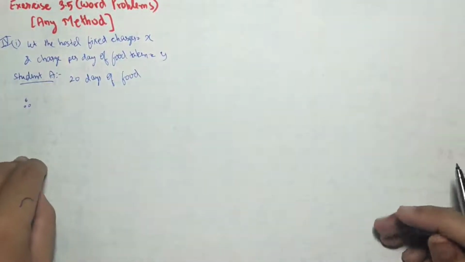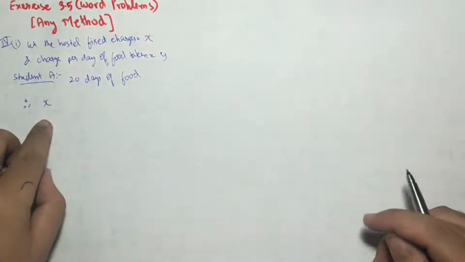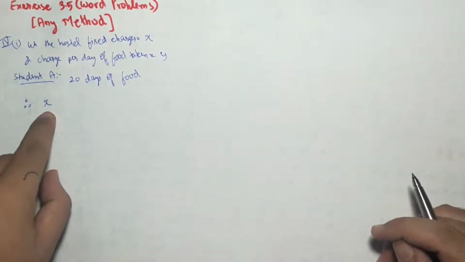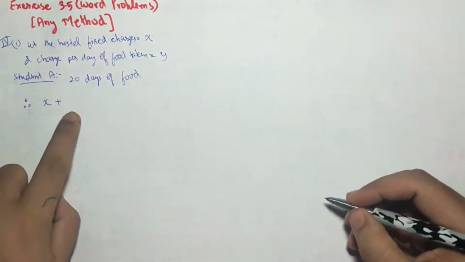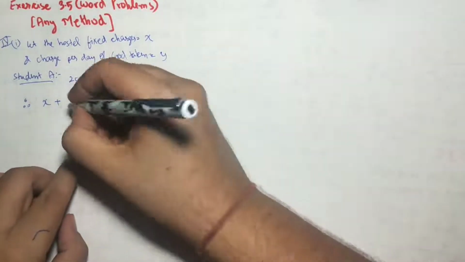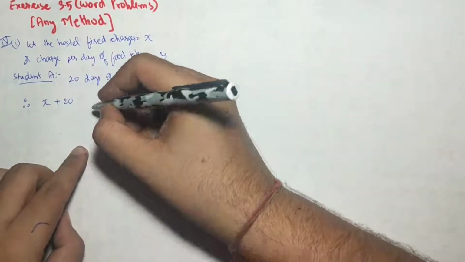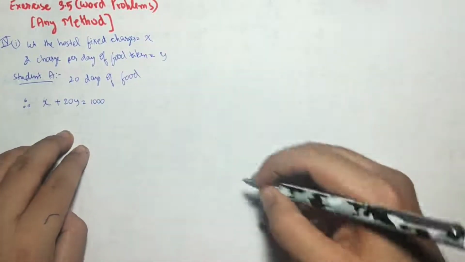Therefore, the total amount she paid is 1000 rupees. In that 1000 rupees, something will be the fixed charge for the month, that is X, plus Y is for one day and she took it for 20 days. So X plus 20Y will be equal to 1000.